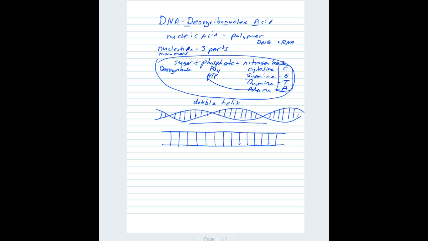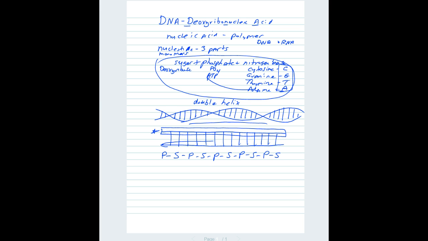So if we look at this backbone right here, it would appear to look something like this. A phosphate bonded to a sugar, bonded to a phosphate, bonded to a sugar, and this pattern never changes. It's what I call the boring part of DNA because there's no variation in it.